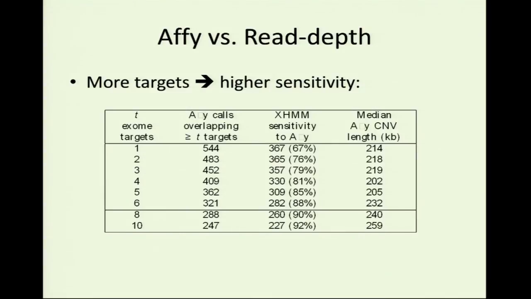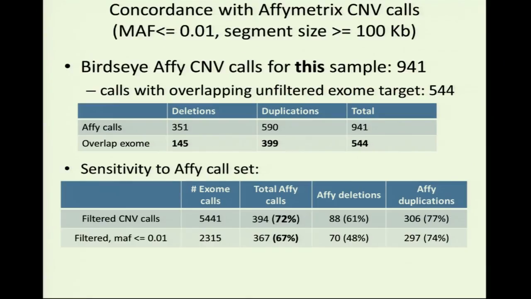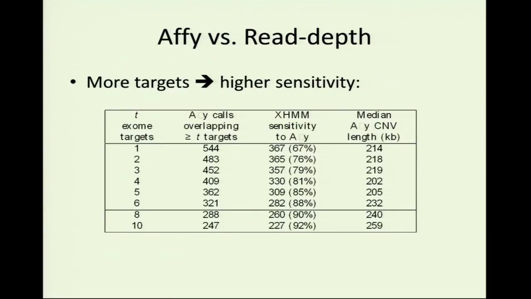So this is actually looking at, as before, the longer, greater than 100 KB, so that's 100,000 bases, CNVs from the Affymetrix array data, and now we're asking how many exome targets do they overlap. So if it overlaps 1 target or more, which is the default, there's 67% overlap. If you get to 3 or more targets, you already get to 80%.